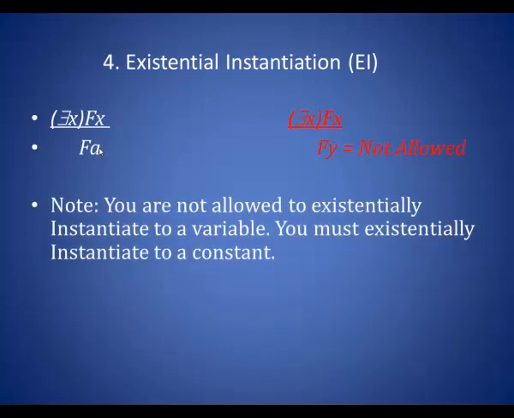So you are not allowed to existentially instantiate to a variable. You must existentially instantiate to a constant. So when doing EI, we're going to move from a bound variable to an unbound constant. You can never move from a variable to a variable. So the instance on the right side in red is not allowed. The instance in white on the left is allowed.